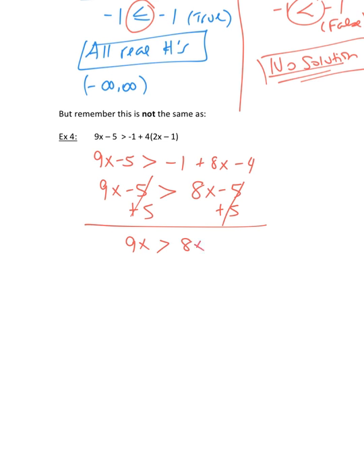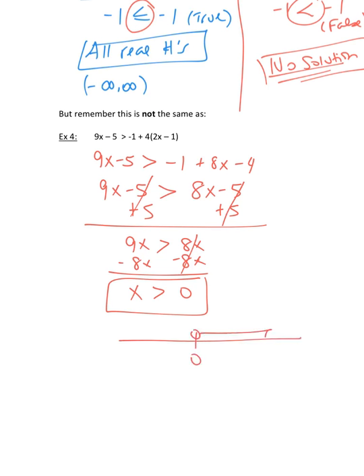If I end up here, I'm going to subtract 8x on both sides to isolate x. I still have x in the problem. x is greater than 0. So this is different from the above situations, right? You still have x in the problem and x is greater than 0. That's a solution. It's saying x could be any number bigger than 0 on a number line. So like 0.2, 1.7, 10, 100, any number greater than 0. So in interval notation, that would be 0 to infinity.